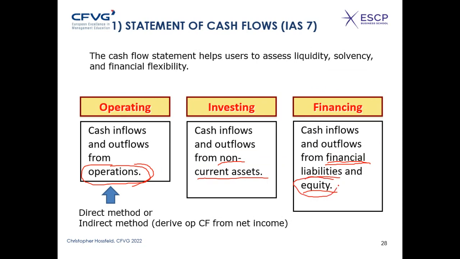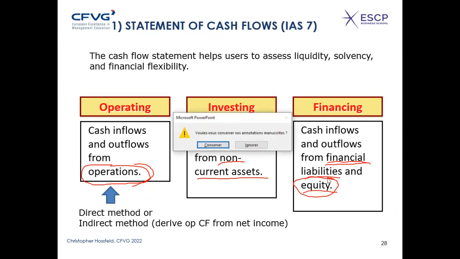That is a cash outflow related to equity. Therefore, minus sign in the financing section. Or I issue new shares and therefore shareholders give me money. That would be a financing cash inflow, plus, because I receive money from shareholders. Okay, so operating, investing, financing cash flows. That's what we do.